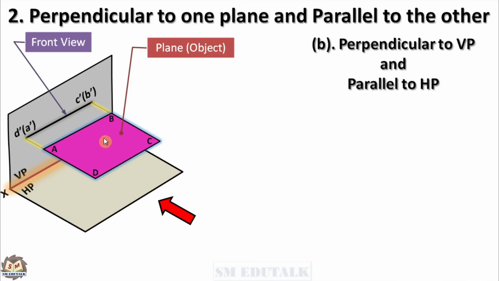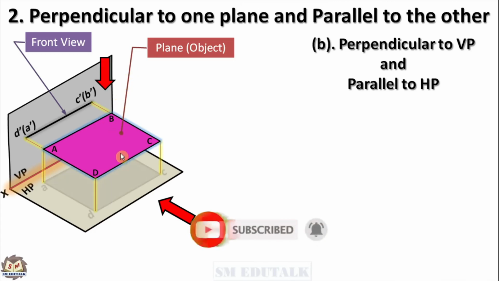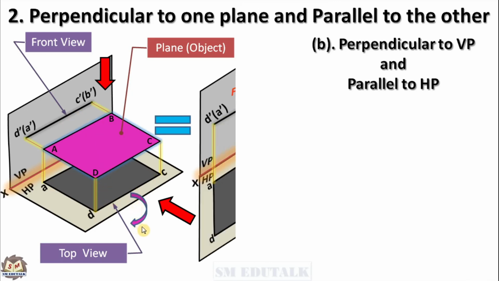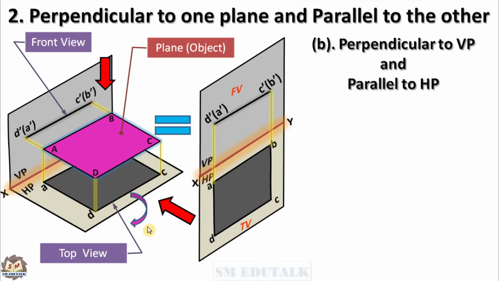When you look at the plane ABCD from the top, it looks like a rectangle. That's why the top view of the plane is projected to HP as a rectangular shape, namely ABCD. Now we have got the front view in VP and the top view in HP. After rotating the HP to 90 degree in clockwise direction, you can see that both the views are on the single plane.